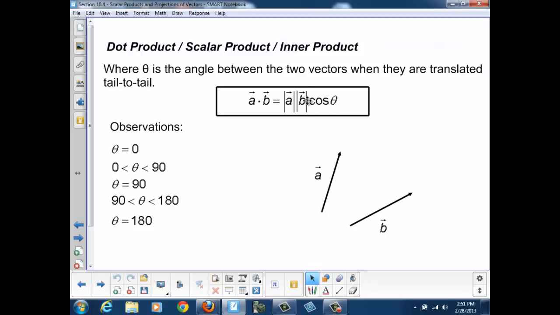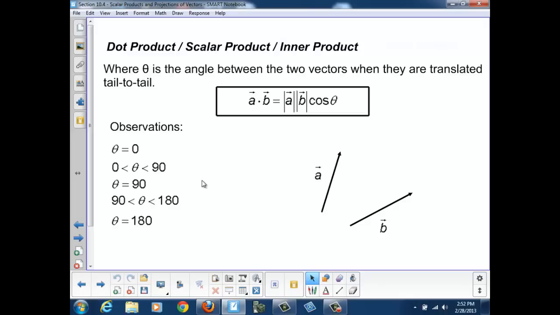Now, if we think about what that formula might imply, we can look at the different quadrants that the cosine of theta could be in. The angle between the two vectors has to be between 0 and 180 degrees. Once it becomes more than 180 degrees, we use the other side of the connection between the two angles to measure.